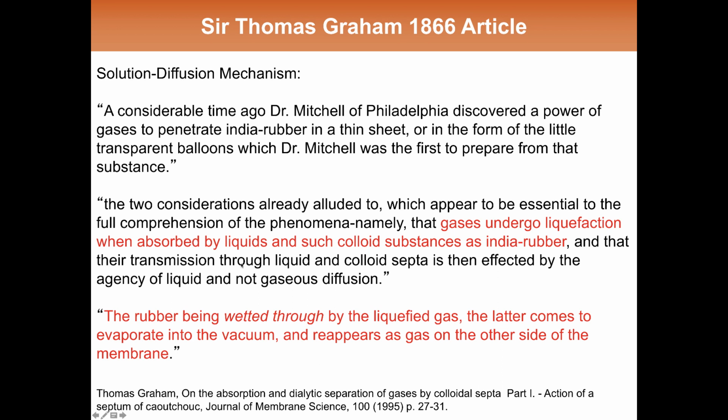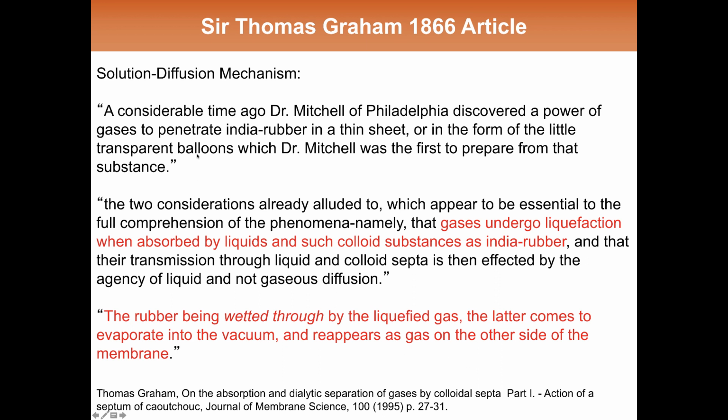And their transmission through these materials is then affected by agency of the liquid and not gaseous diffusion. In other words, the diffusion coefficients that govern gas transmission through polymers are not gas phase diffusion coefficients, but diffusion coefficients that are applicable for these condensed media like liquids and solids. The rubber is then wetted by these liquefied gases, and on the downstream or low concentration or low partial pressure side, the gas evaporates into a vacuum and reappears as gas on the other side.